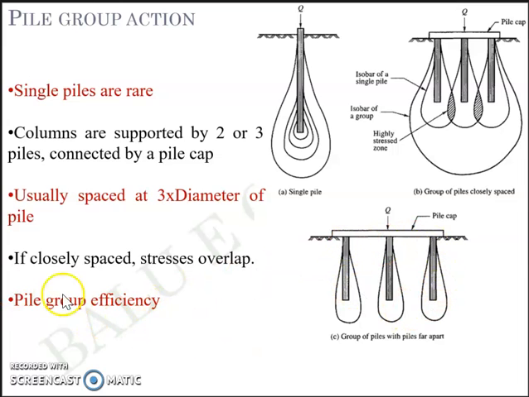Now, the pile group efficiency, eta, is given by Qg by NQu. The Qg is the group capacity, N is the number of piles, Qu is the capacity of an individual pile. So of course you convert that to percentage and you get 100 on the right side. So efficiency, let's say, could be 70% in some cases, it could be 60% in some cases, etc.